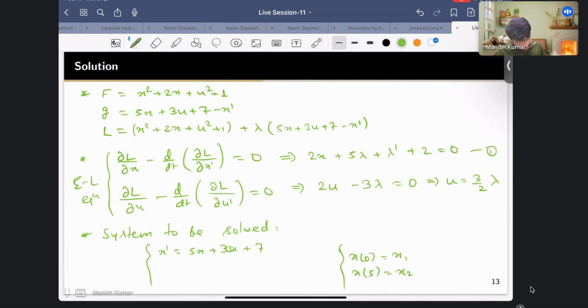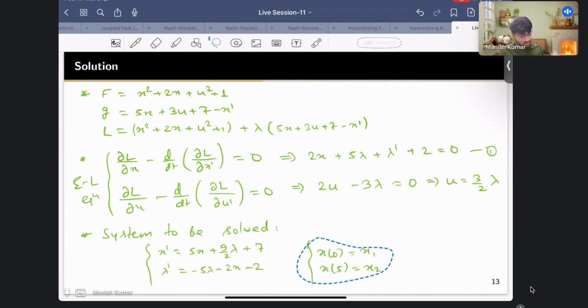When you substitute, you will get 9 by 2 lambda, and the equation is lambda prime equals minus 5 lambda minus 2x minus 2. Okay, so you got again a similar kind of system with some boundary condition. Over here x1, x2 is some prescribed value. This is not the next case where the terminal data is free. Over here x1, x2 means that it is fixed.